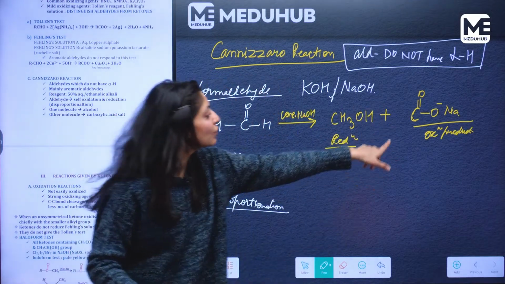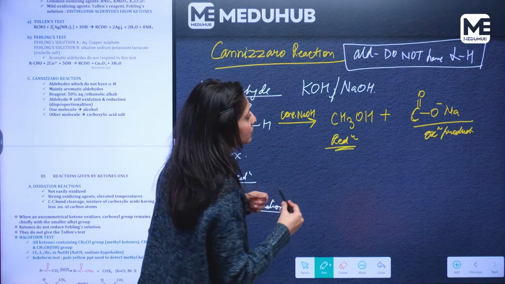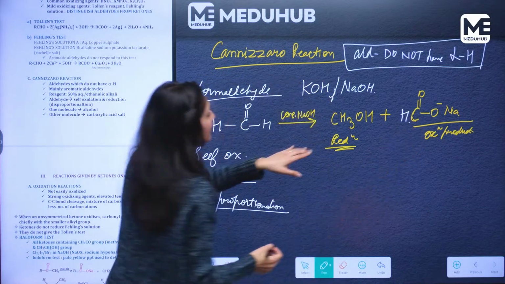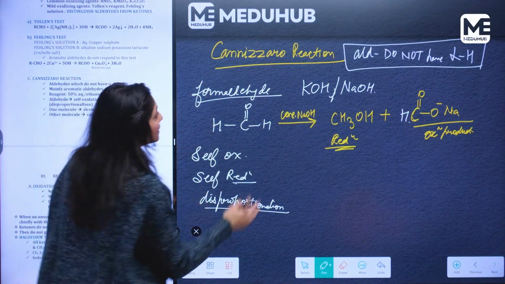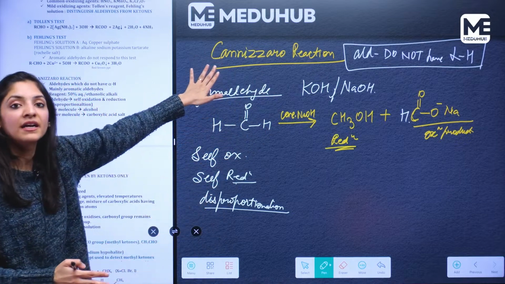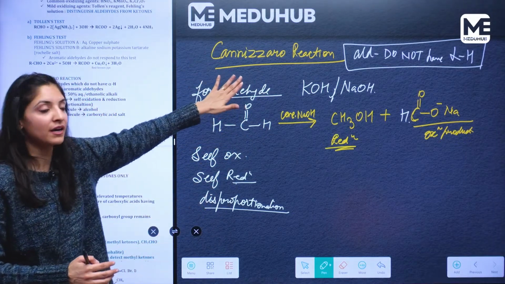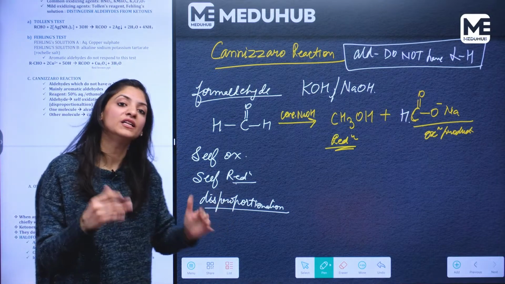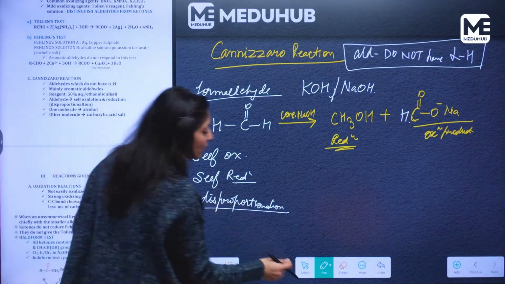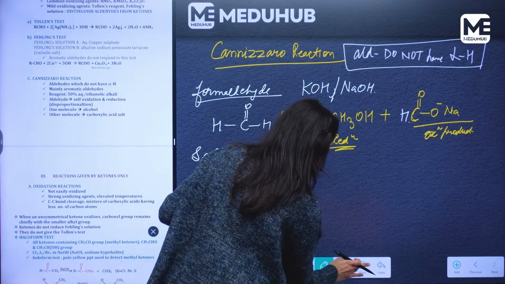So this is the sodium salt of the carboxylic acid, and this is the alcohol. This is more appropriate for aromatic aldehydes. Why? Because apart from formaldehyde, all the other aliphatic aldehydes will have an alpha hydrogen. So all aromatic aldehydes do not have an alpha hydrogen.